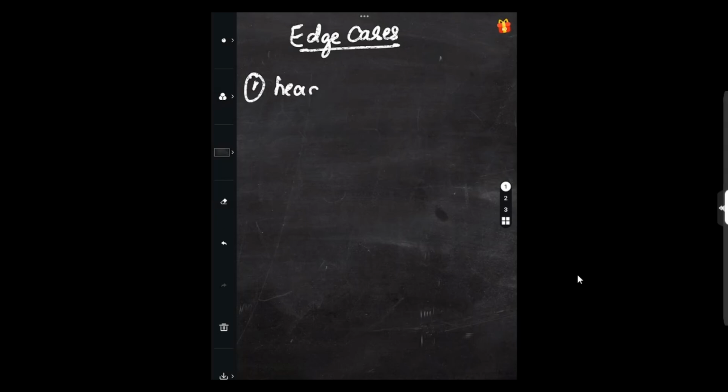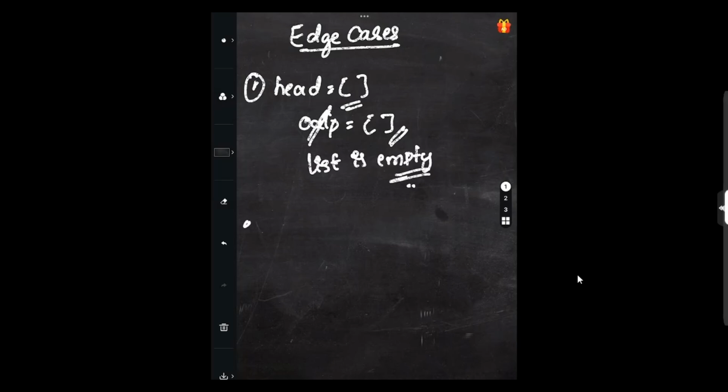Suppose head equals empty, the output is null, or the output has to be an empty array. So this is the first edge case that we are dealing with.